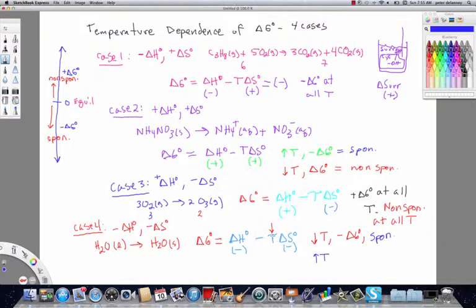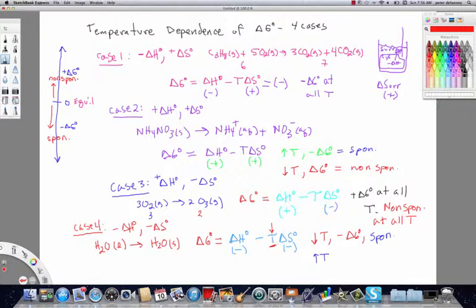Now, the opposite is true if we increase the temperature. So if we take this number and we begin to increase it, what it's going to do to this product is make it bigger. And since we're subtracting a negative, that says the same thing as plus a -1 times a negative, which is a positive.